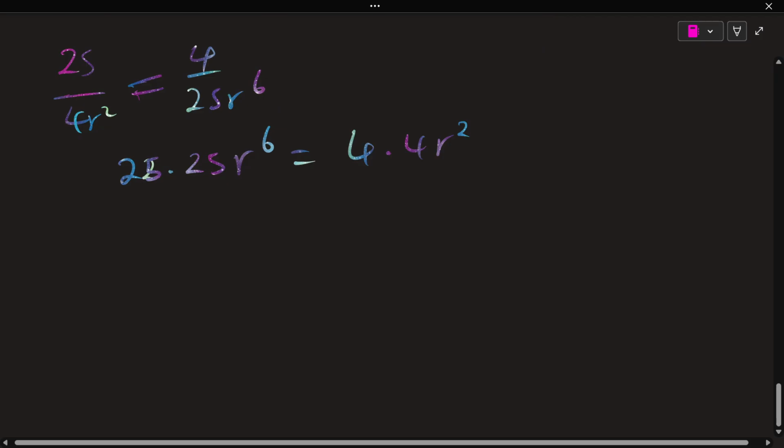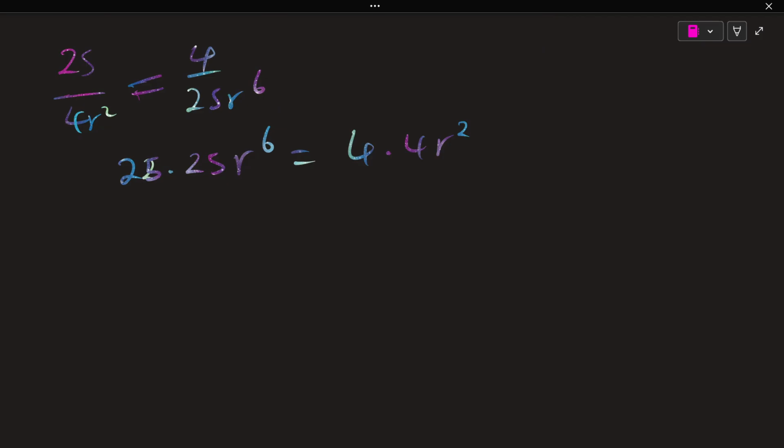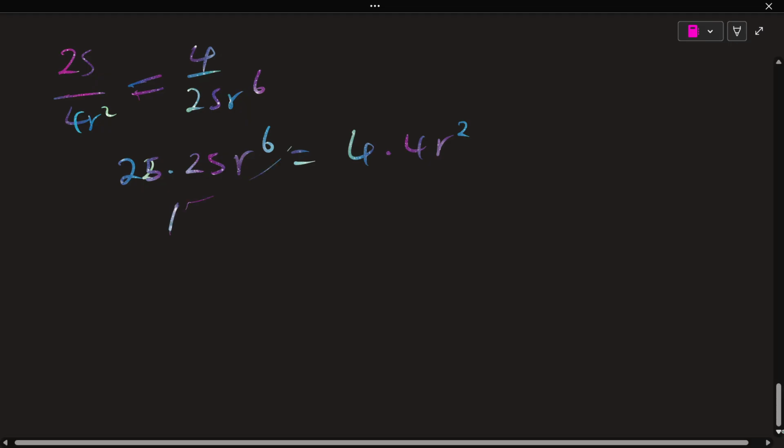Okay. Now 25 multiplied by 25, from my calculator, is 625.